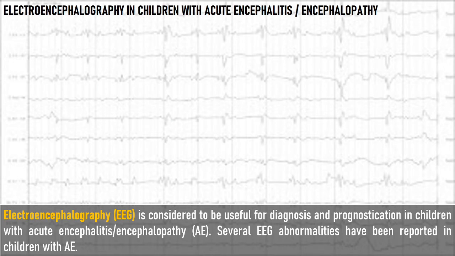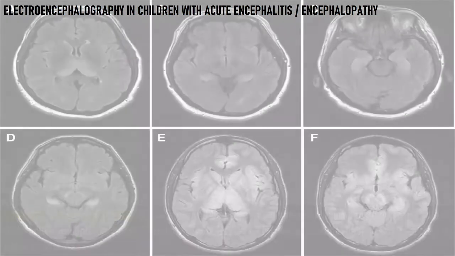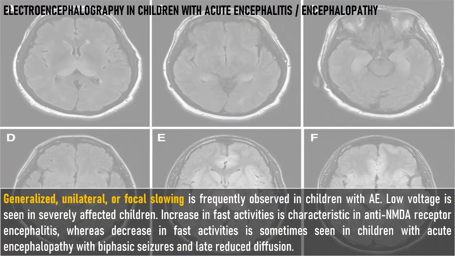Electroencephalography, or EEG, is considered to be useful for diagnosis and prognostication in children with acute encephalitis and/or encephalopathy, AE. Several EEG abnormalities have been reported in children with AE. Generalized, unilateral, or focal slowing is frequently observed in children with AE.